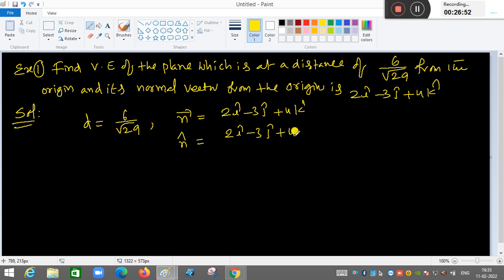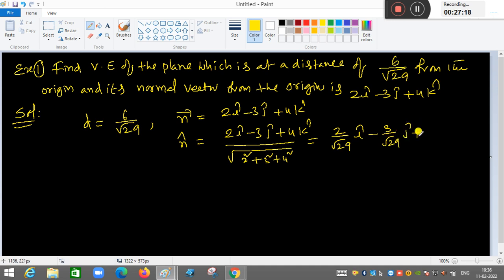Very good, divide by the magnitude. So 2 square plus 3 square plus 4 square: 4 plus 9 plus 16 is 29. So the unit normal vector is 2 by root of 29 i, minus 3 by root of 29 j, plus 4 by root of 29 k.